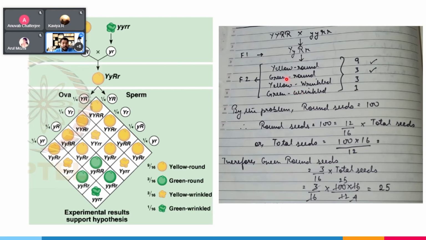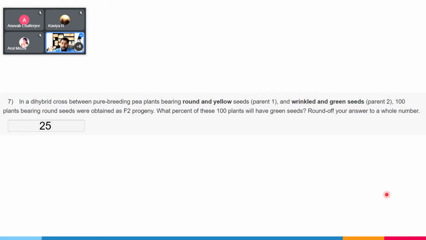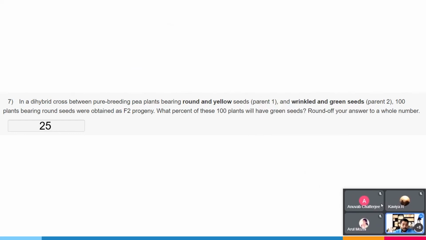That is the green round seed, which is 3 out of 16 of the total number of seeds, the quantity we have kept without calculating so that everything cuts off. We get the final answer as 25. So the answer to the question is 25, and this is how we did it.